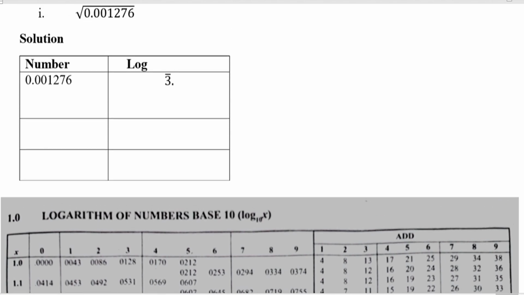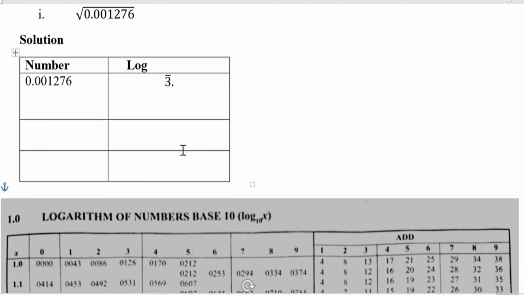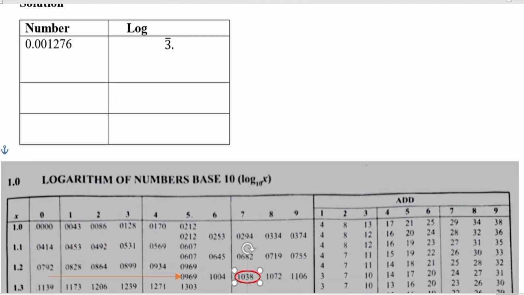And then we need to read 6. So we look for 6 here and you realize it's here. So move down to the point of intersection with 1.2. You realize that in this section we have 2 rows pertaining to 1.2. There is this row for the upper one, and then there is this other row here.